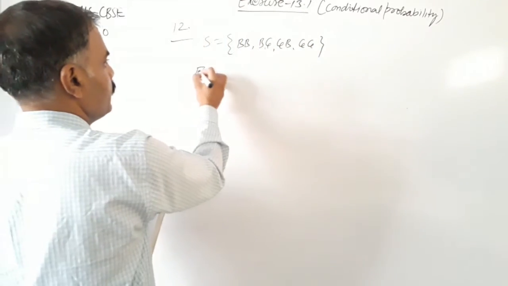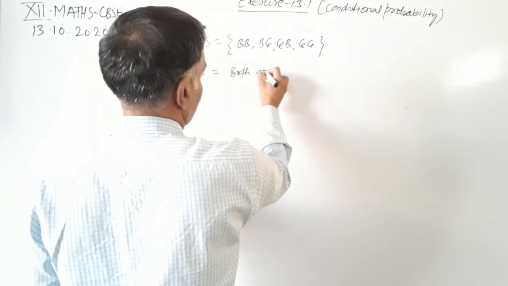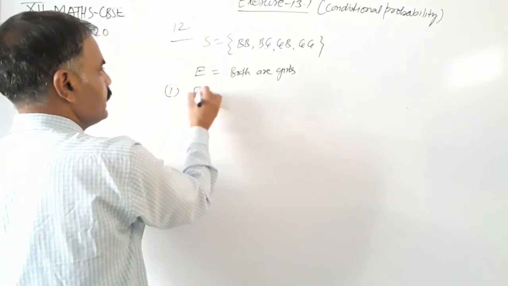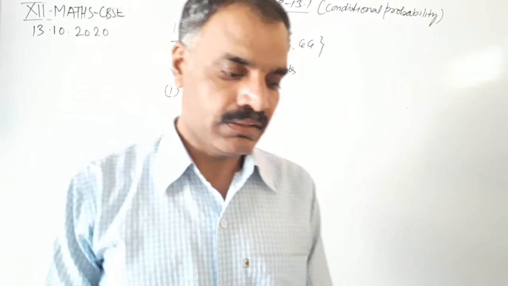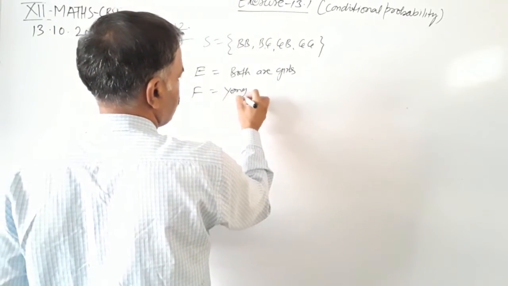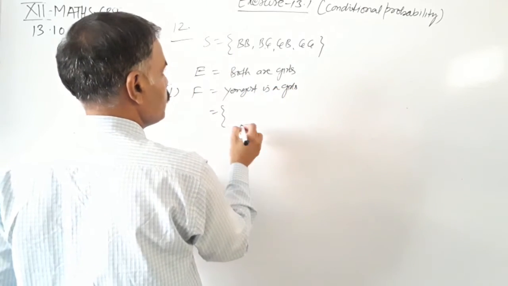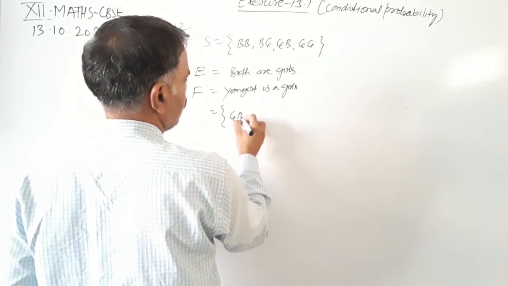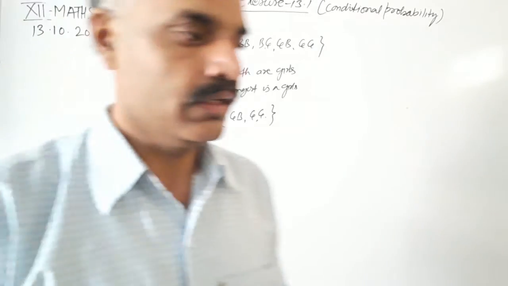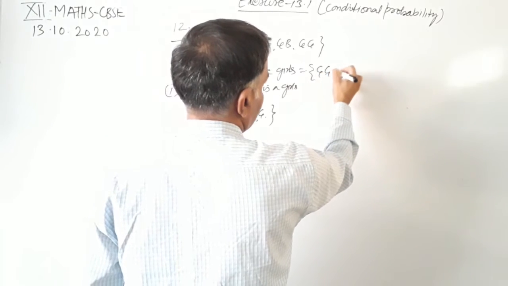So the conditional probability of the event E, both are girls. We have been given 2 parts. The first part is that the youngest is a girl. So youngest is a girl means girl boy and girl girl. So both are girls means girl girl.